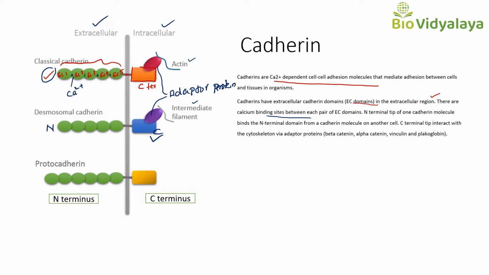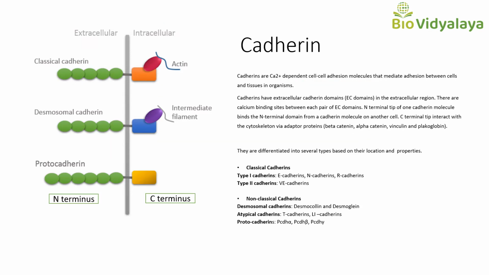And these cadherins show homophilic and heterophilic interaction. So these cadherins show both homophilic and heterophilic interaction. That means a cadherin can interact with another cadherin molecule or with any other CAM molecule.